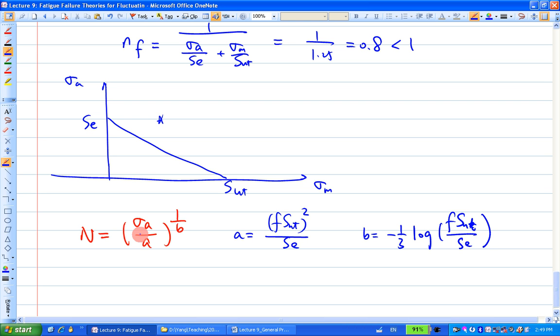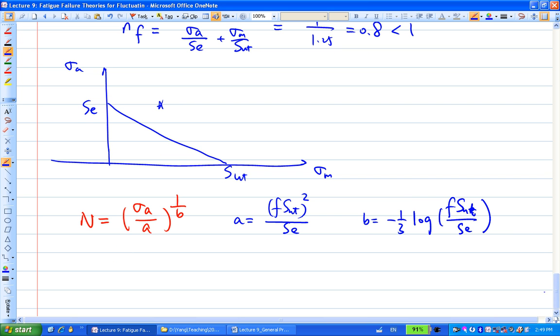So what we really want is, if I still want to use this formula, I cannot use sigma A here, right? So what we can do is come up with a so-called equivalent completely reversed stress, an equivalent complete reversed stress.